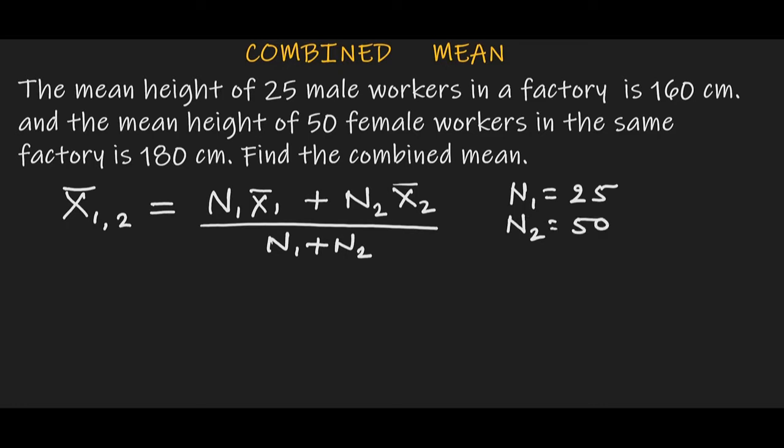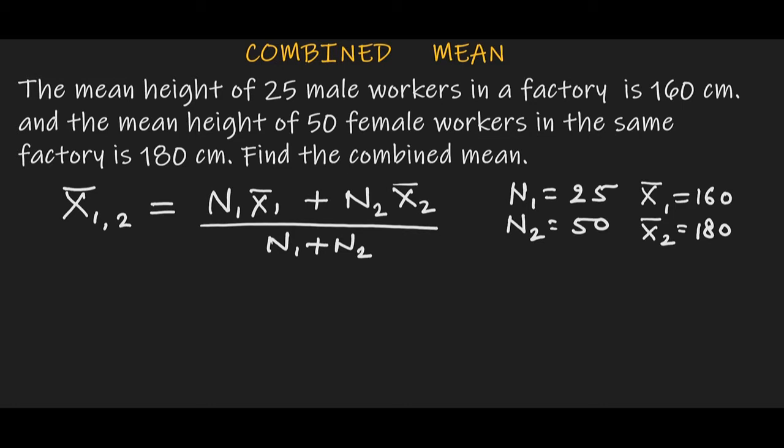And mean 1 for this n1 is 160 centimeter because this is the mean height of male workers. So mean 1 will be 160 and mean 2 is 180 centimeter.